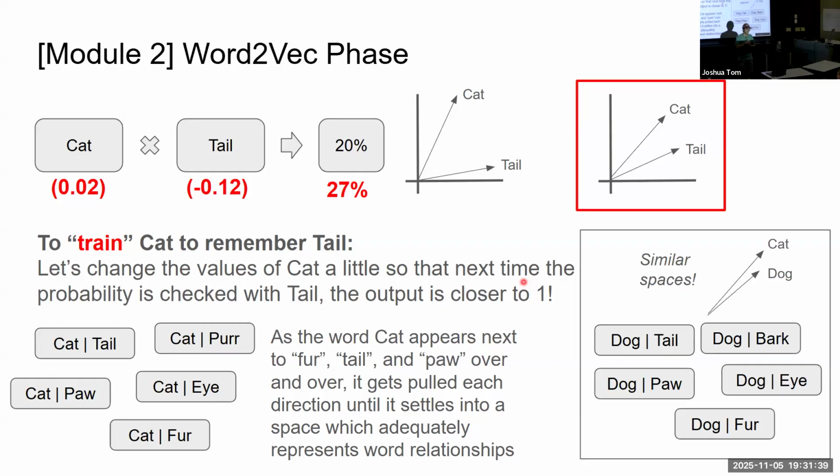So if dog and cat appeared the exact same amount of times for tail, paw, eyes, and fur, then they're going to be pretty darn similar in how they relate to those specific vectors. So they might both be on the far left quadrant, like over here. But as you can see, cat purrs, dogs bark. So there's a difference there. They might be similar in terms of their physical features, but then barking and meowing, so they're slightly different.